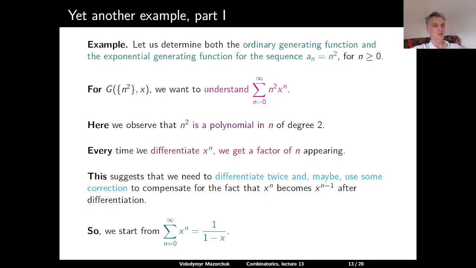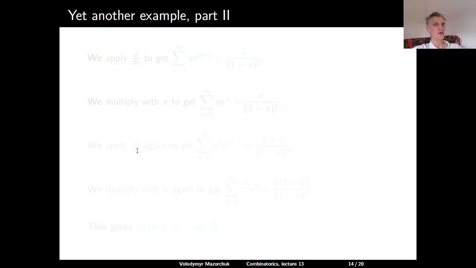So we start from the sum over all n of x to the power n, and we know that this is equal to 1 divided by 1 minus x. We apply the derivative, and we get that the sum over all n of n times x to the power n minus 1 is equal to 1 divided by 1 minus x squared.